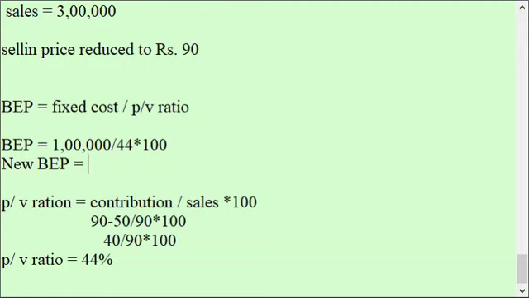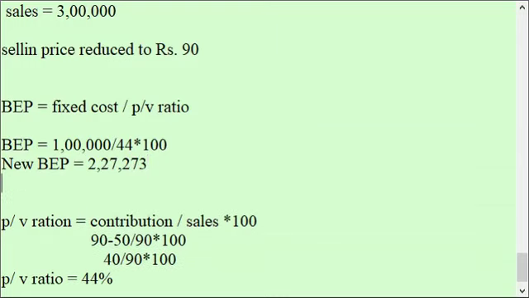So that will give an answer of 2 lakh 27,273 rupees.